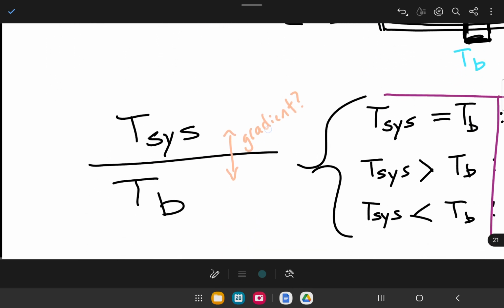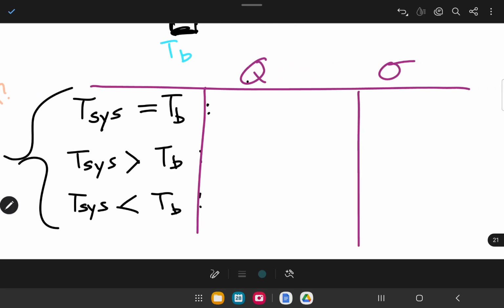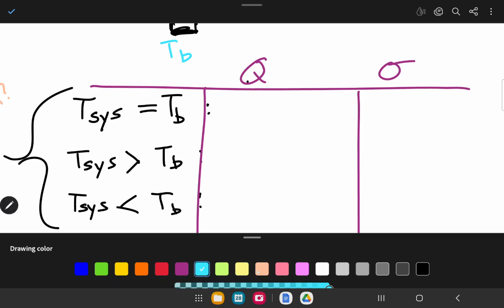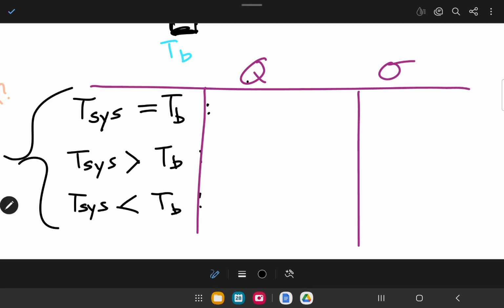So if we're looking at the temperature of the system and the temperature of the boundary, we can start asking questions. Is there a gradient here? That's what this table is going to start telling us. If there is no gradient, as in there is the same temperature in the system as the boundary, then Q, as in the heat transfer, is going to be 0, right?